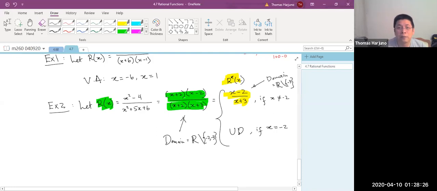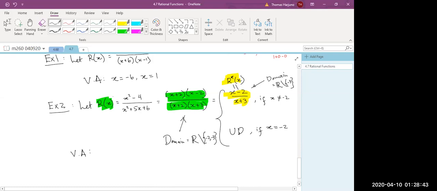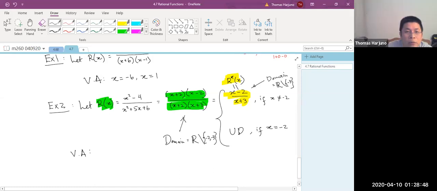Okay, that's the simplified version. Now, what is the vertical asymptote of this function? The vertical asymptote, not the horizontal asymptote.